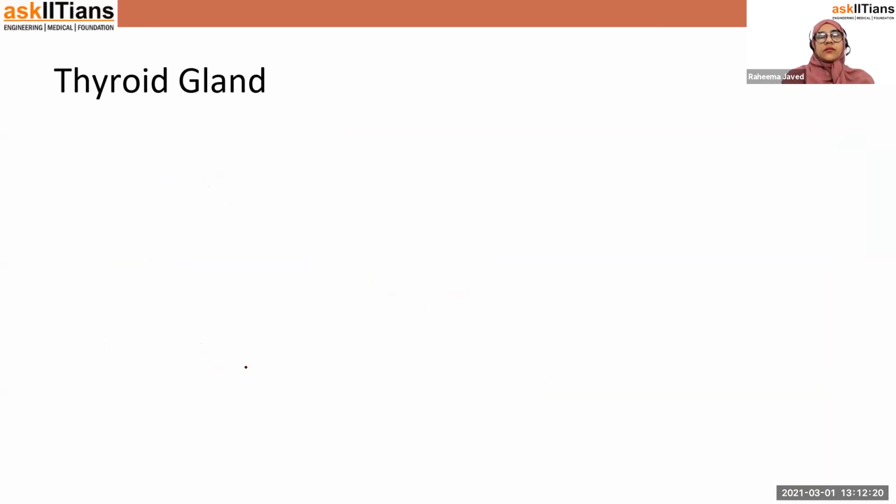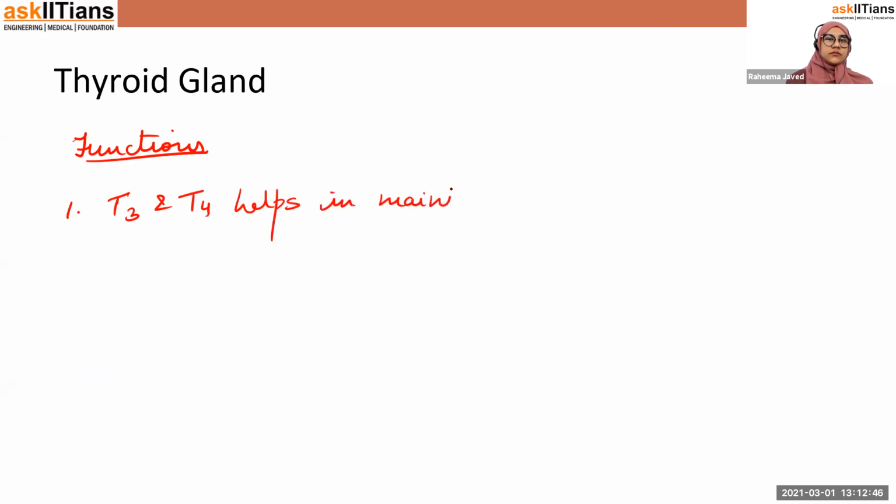So let's begin with the functions first. Okay, the first function is T4 and T3 basically, not calcitonin. T3 and T4 help in maintaining the basal metabolism.